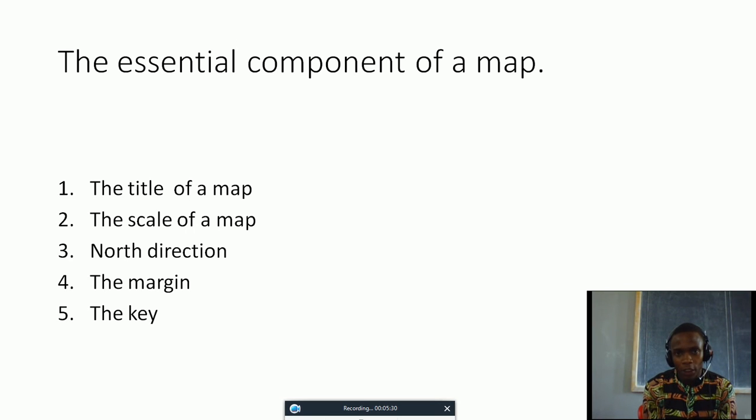Essential components of a map, or a good map, must contain first the title of the map, second the scale of the map, third the north direction, fourth the margin, fifth the key. Okay, when you draw your map, don't forget each component.